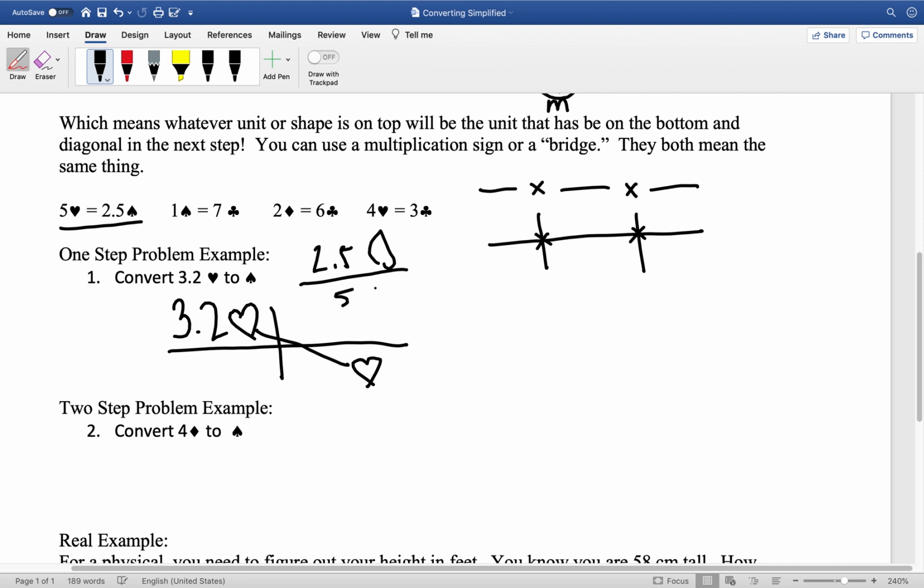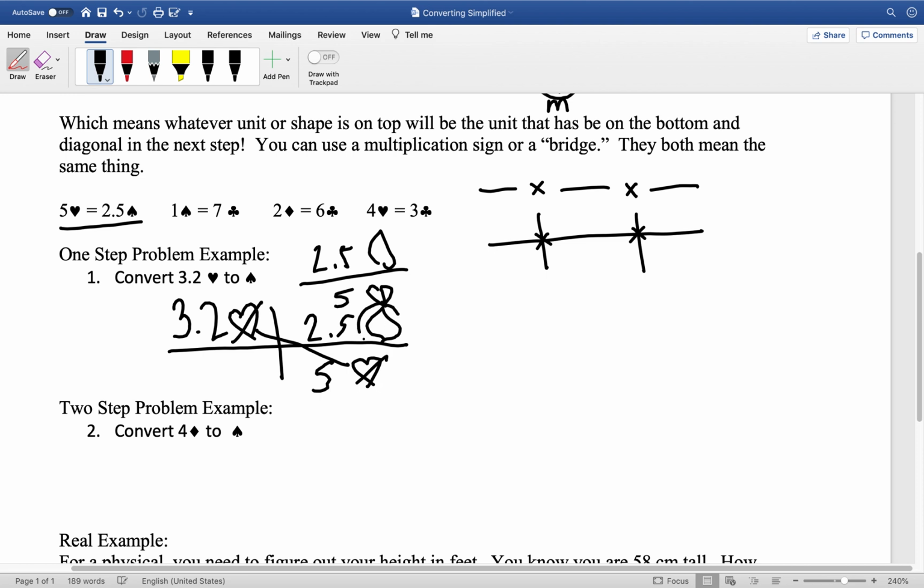Okay, so I have to write it like this. So I'm going to write 2.5 spades over 5 hearts. Okay, I want you to realize, just like when you divide, if you have something on the top and something on the bottom, they cancel out.